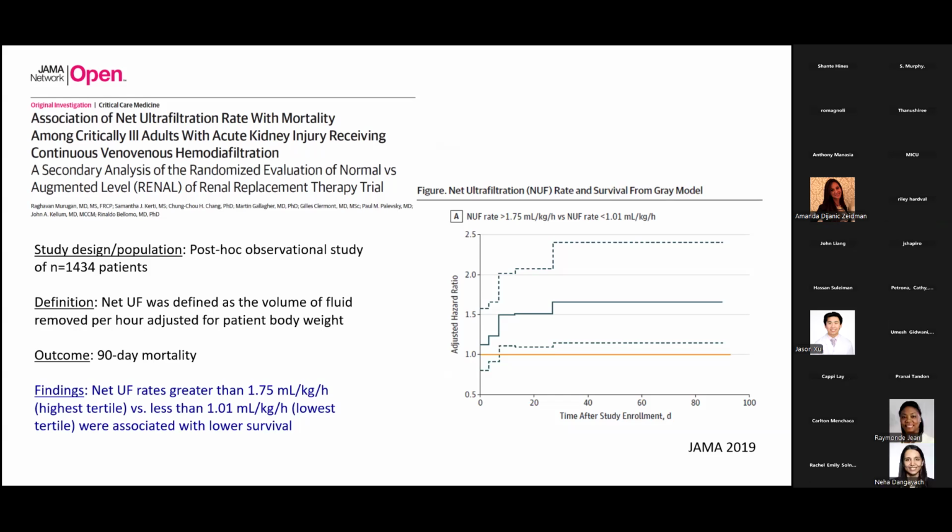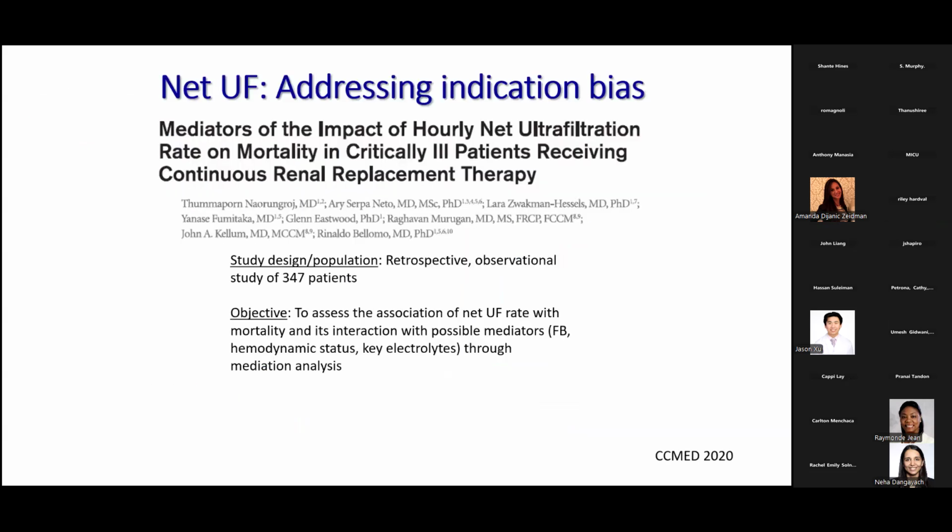Could be solute control, hyperkalemia, acid-base disturbances, not only or exclusively fluid management. So when you take a whole epidemiological population of patients on CRRT, yes, you can see this very relevant signal, showing that if you remove fluids too fast, you can also have a detrimental effect on patients.